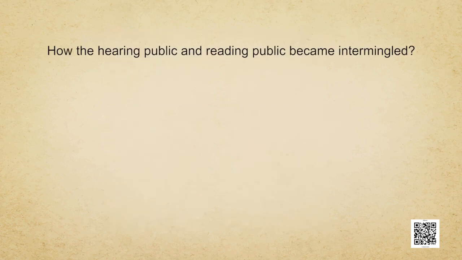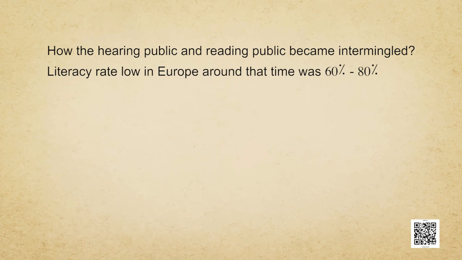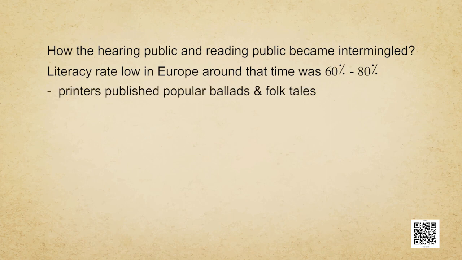Let us talk about how the hearing public and the reading public became intermingled with each other. First of all, let us understand that the literacy rate in Europe around that time was around 60 to 80%, and the printers published popular ballads and folk tales for all.